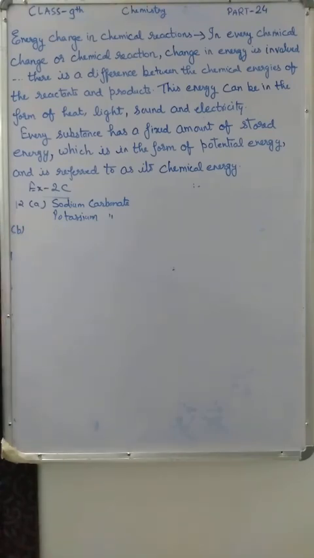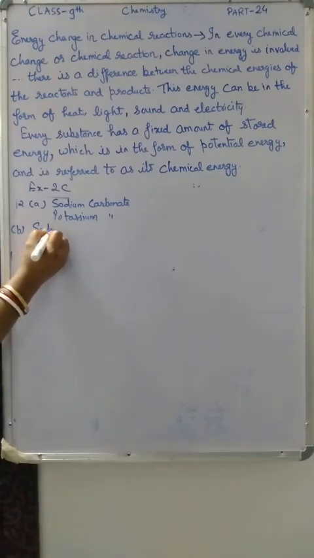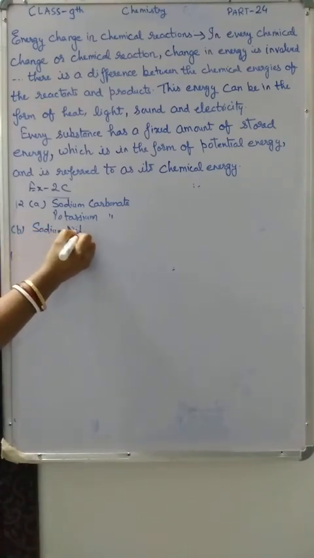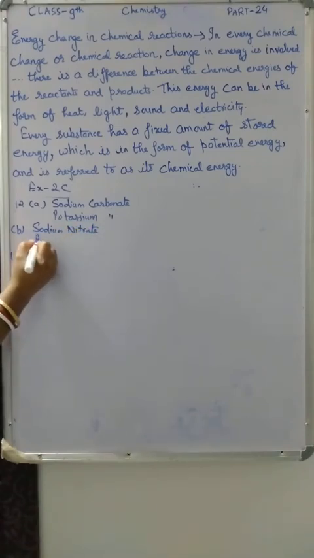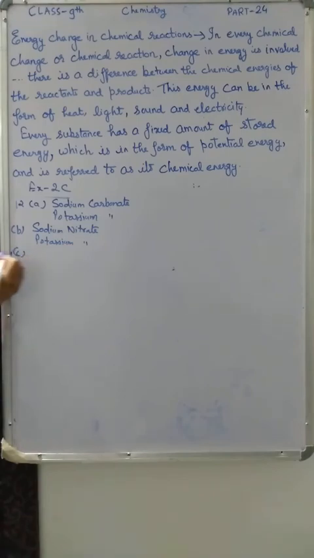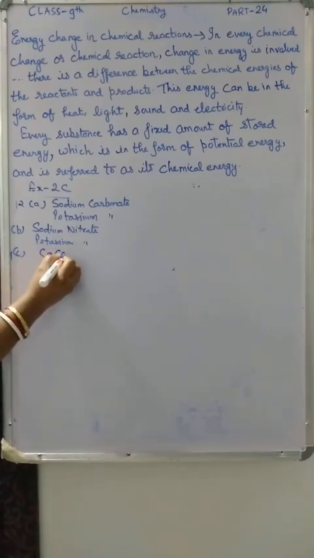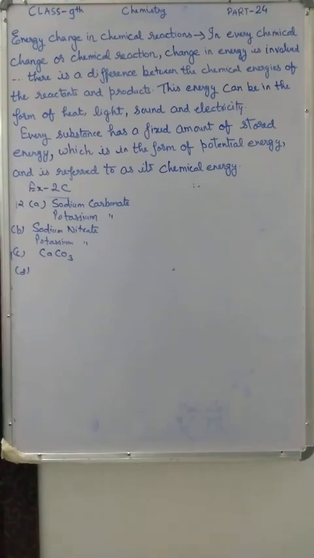B. A nitrate which produces oxygen as the only gas. Sodium nitrate and potassium nitrate. C. A compound which produces carbon dioxide on heating. Calcium carbonate. Now D. A nitrate which produces brown gas on heating. Lithium nitrate.